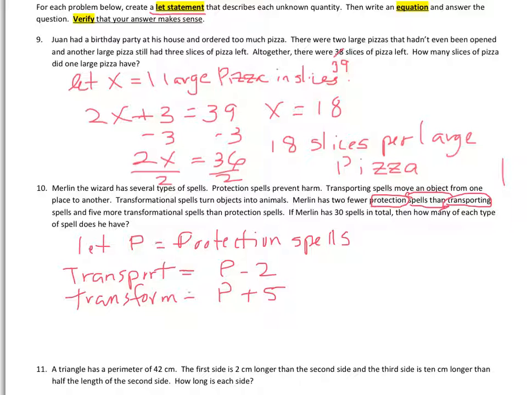So, our equation is going to be P plus P minus 2 plus P plus 5, sorry, that's a plus, doesn't look like one, equals 30.